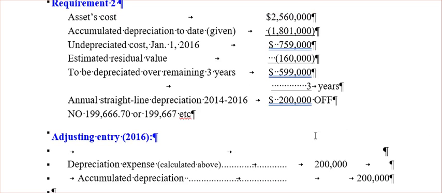Now the solution has us doing 200,000 a year, and it's 599,000. I don't think so, because if I do my math, I get something like 199,667, or 199,666.67, I don't know, depending on how many decimals you go out.